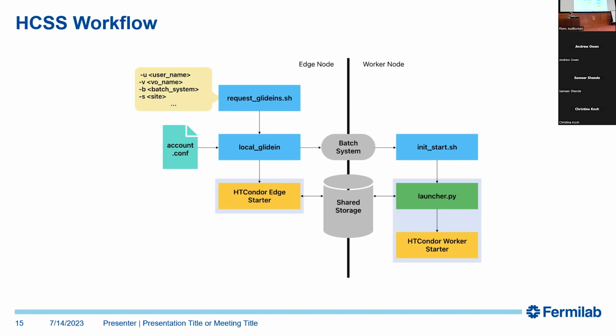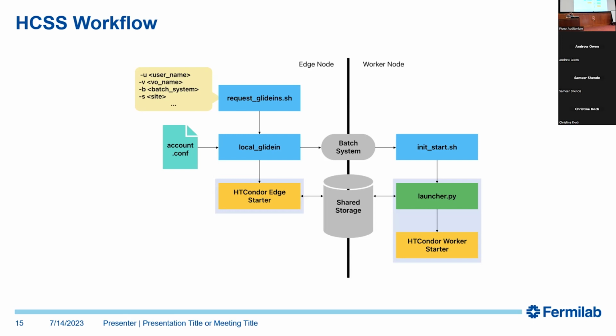If you have jobs queued up and they match this slot here, they will be assigned to the slot immediately and show up as running. The problem, though, is they won't actually be running, because most likely the worker part of the starter that we submitted to the batch system is still in the queue, so it hasn't started running yet. So for quite a while, we can have those jobs showing as running on the control queue when they're not actually running. They're just on a different queue in a different batch system.